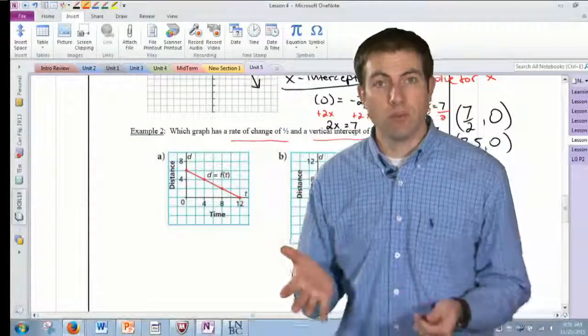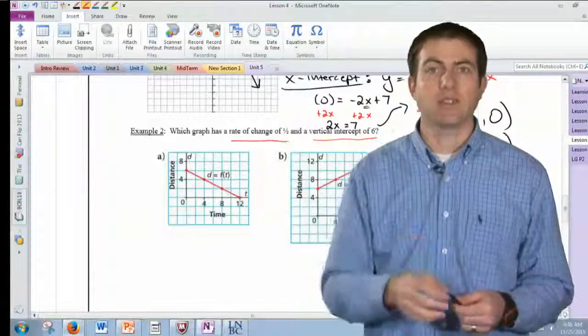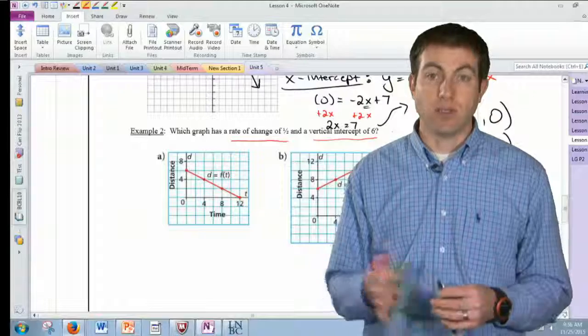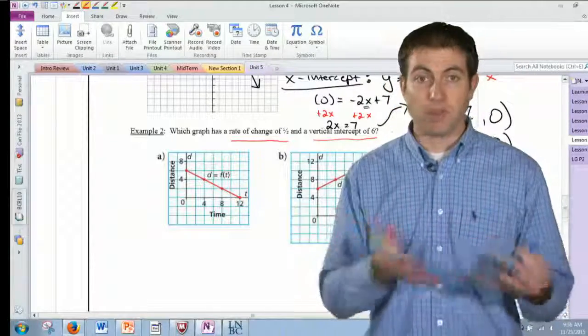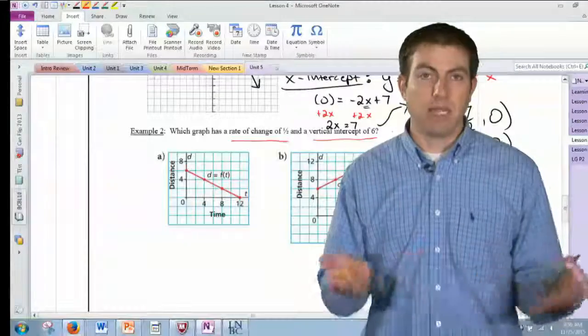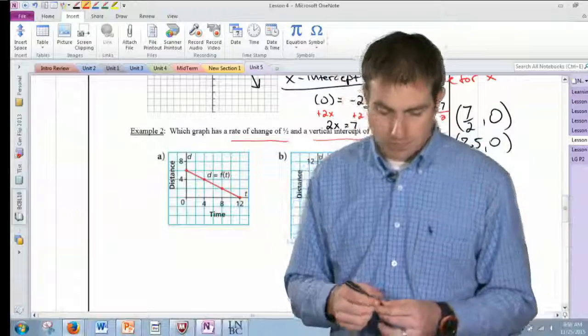So let's go for the vertical intercept, where it crosses the vertical axis. In this case, it's saying the vertical intercept is 6. So let's look at both of the graphs and figure out if maybe one of them crosses the vertical axis at a point that isn't 6. So we could just eliminate one of these graphs right away.